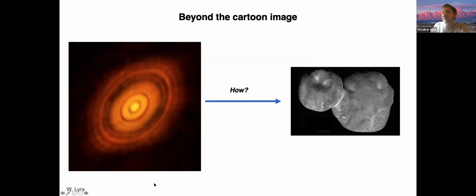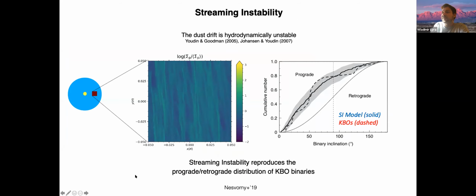The first part, I'm not going to talk much about it, but that's most likely due to streaming instability. That's a model here calculated by Rixin Li, published recently by David Nesvorny and collaborators, including I think Jake Simon also, who's here. What you're seeing here is that this model can reproduce the prograde and the retrograde distribution of binaries in the Kuiper belt.